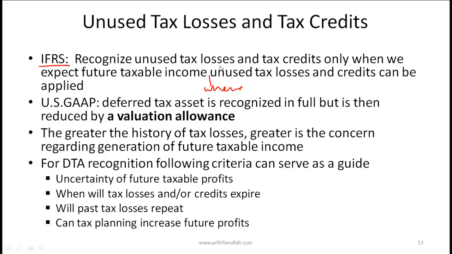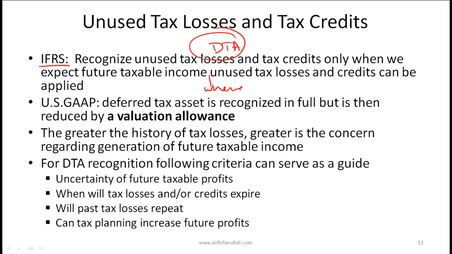The key point here is that these unused tax losses and tax credits are like assets, something that will benefit us in the future. So IFRS only allows us to use these credits and show them as some sort of an asset when we expect future taxable income where this asset will actually be beneficial.